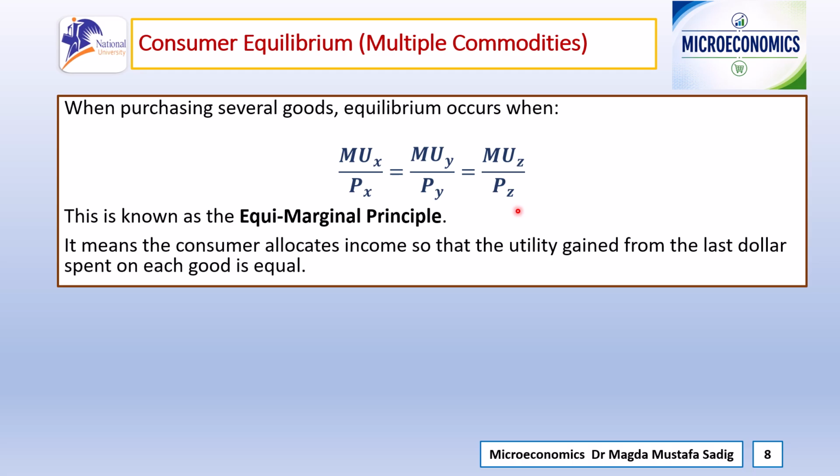Eventually, the satisfaction gained from the last dollar spent on books equals the satisfaction gained from the last dollar spent on coffee. At that point, your income is allocated efficiently. This principle of equi-marginal utility explains how consumers distribute limited budgets across many competing needs.